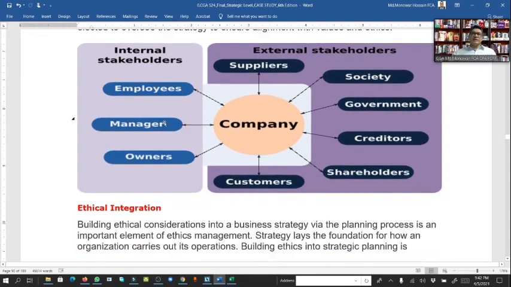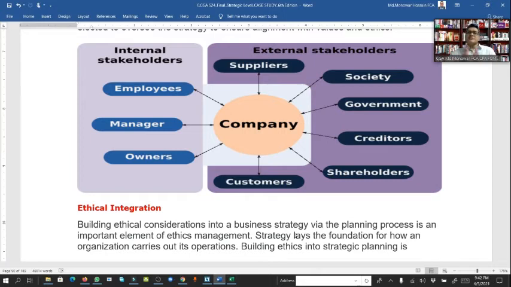Look here, this is the company, and here are the internal stakeholders, and there are different types of external stakeholders. Internal stakeholders are within the organization: employees, management, owners or shareholders. Shareholders means there are ordinary shareholders, who are the real owners.